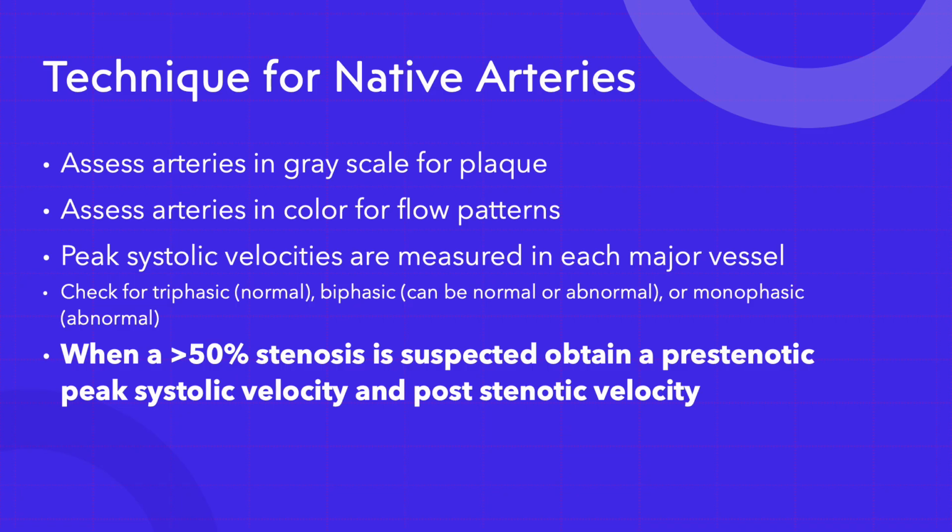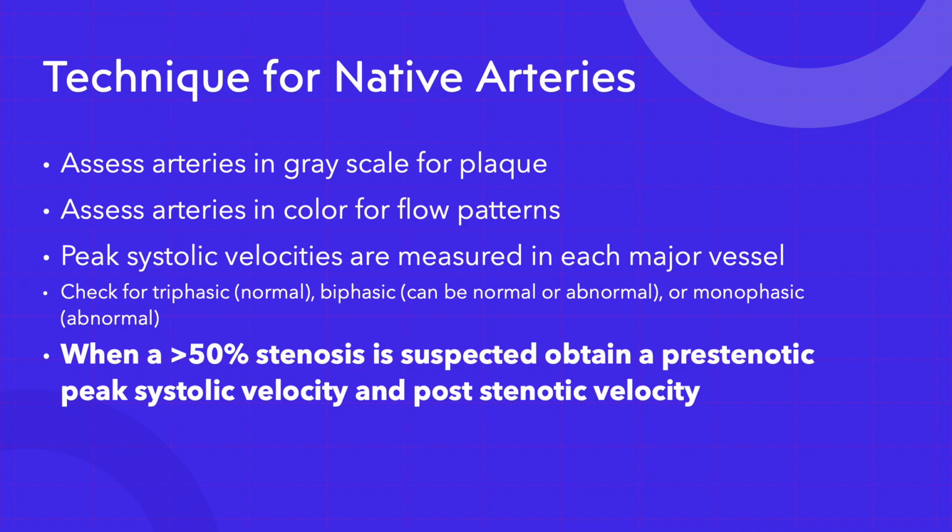So I know it's hard to appreciate now because nobody in class has plaque, but your patients in the hospital or in clinic are going to likely be older and have some plaque buildup on the wall. That's why we do a grayscale, to identify that plaque. Is the plaque fresh, like thrombus, acute, or is it calcified with shadowing, older plaque?